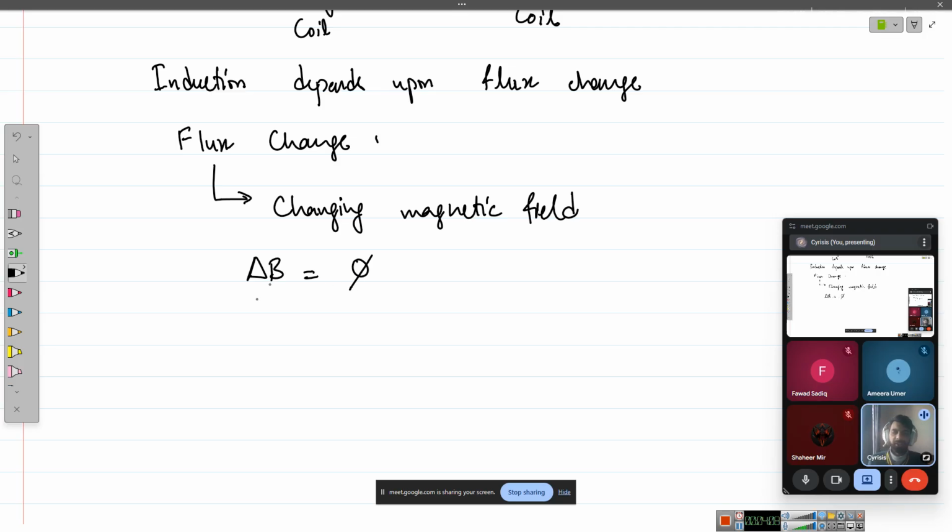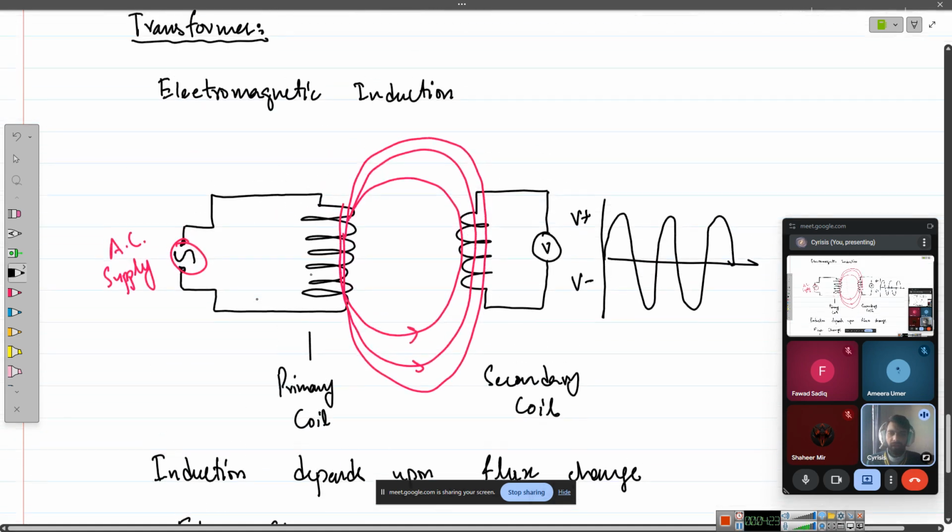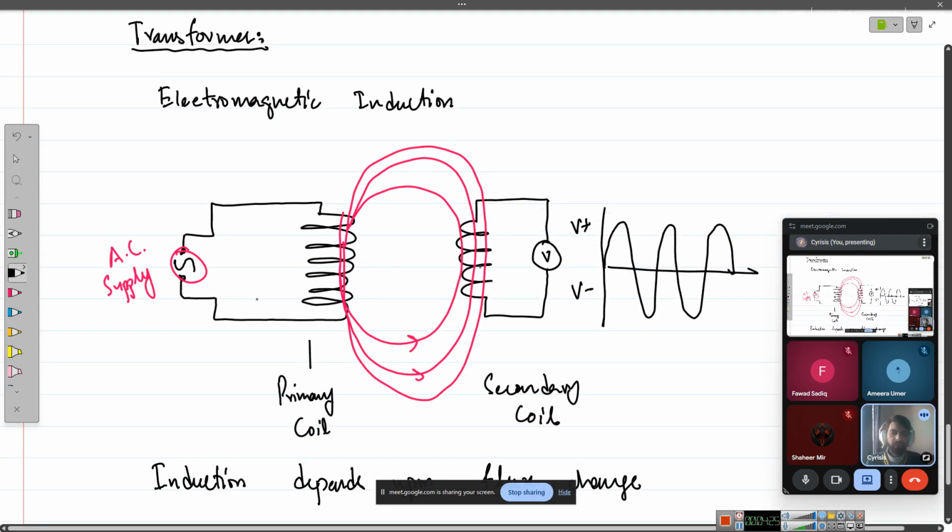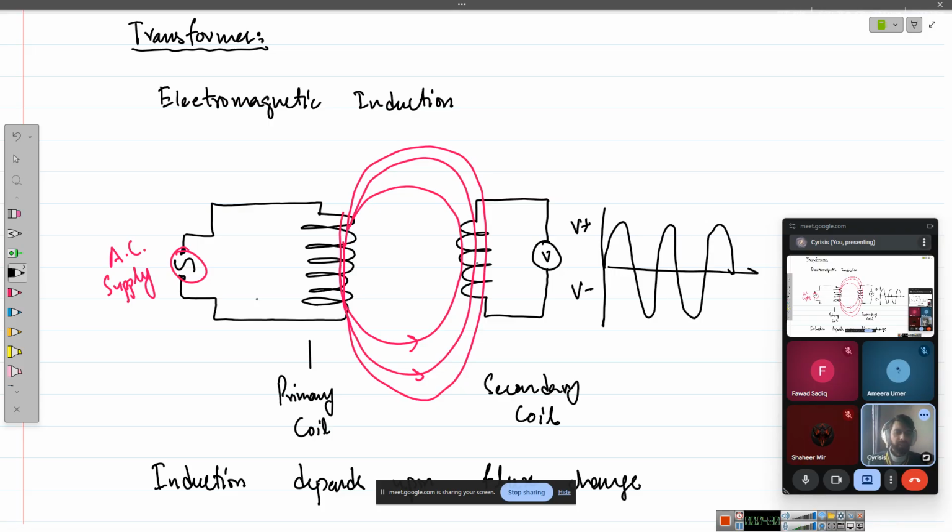Phi is just a representative of delta B, the change in magnetic field strength, right? So you want the magnetic field to change or alter for you to make electrical current. In other words, we want a changing magnetic field through the secondary coil so that it starts receiving current. It will start generating current due to the changes in magnetic field.